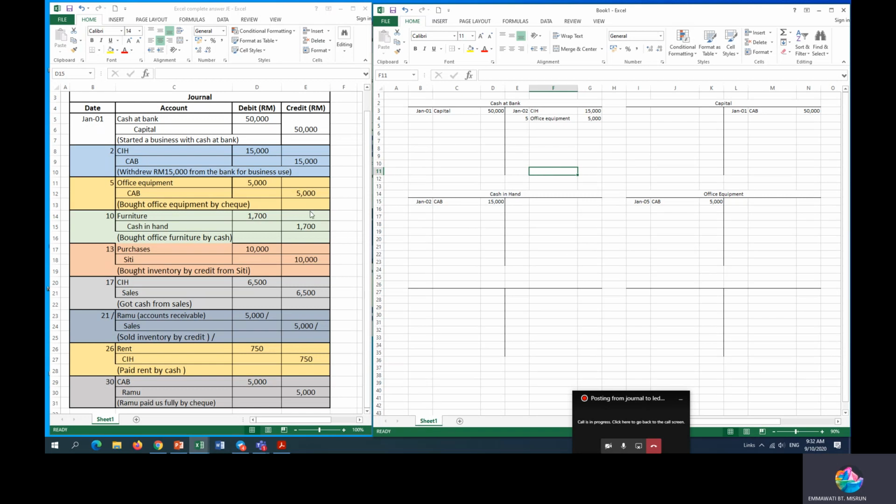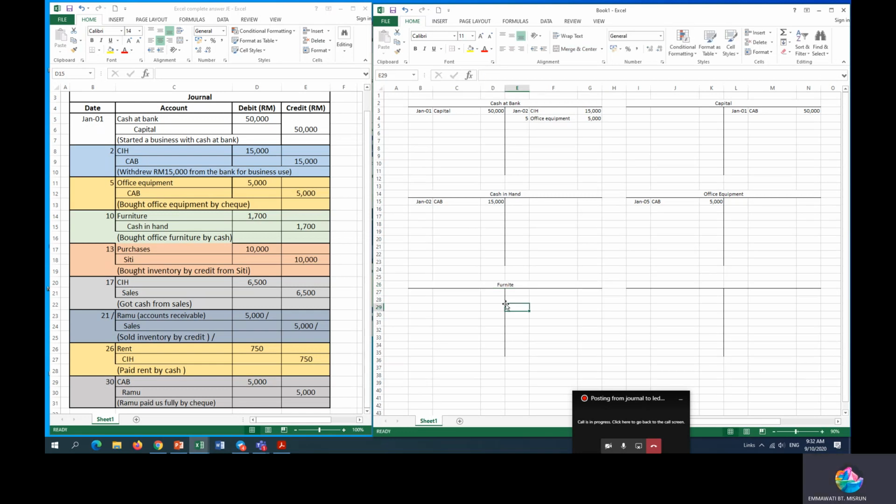Now we will have our entries on January 10. So on January 10, we have another new account, which is the furniture account, and we are going to use the same cash in hand account that we had here. So furniture account, this is our new account.